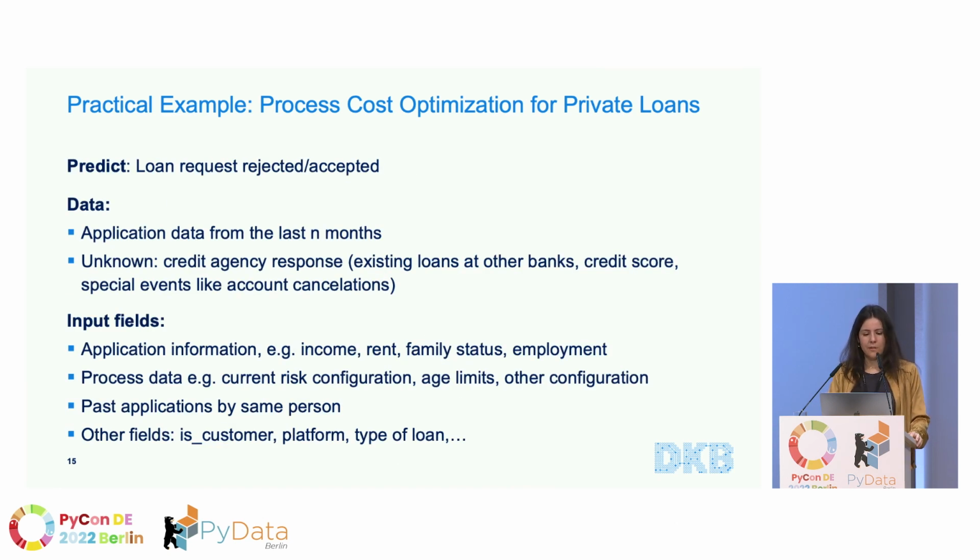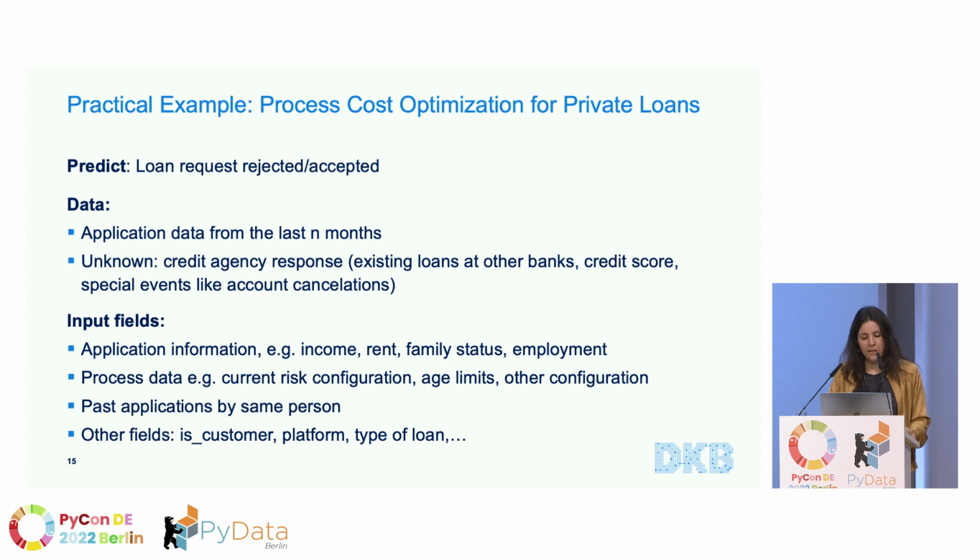Could we develop a model that predicts if the loan is rejected or accepted? We have application data from the last month, and the unknown in this problem is the credit agency response. So it's existing loans at other banks, credit scores, and maybe you defaulted in the past, stuff like that.